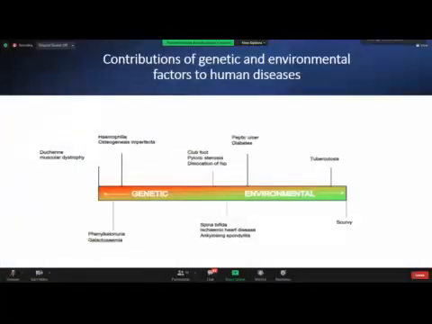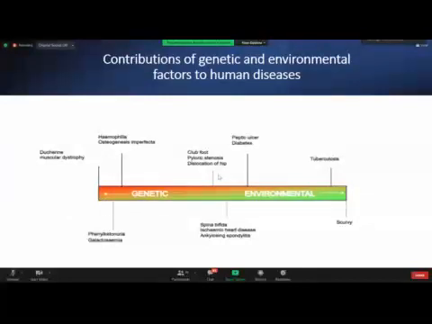If you look at this picture, here the genetics is in red color and the environment is in green color. For rare conditions like DMD, Duchenne muscular dystrophy, hemophilia, and phenylketonuria, we have mostly genetics. We don't have any environmental effect.